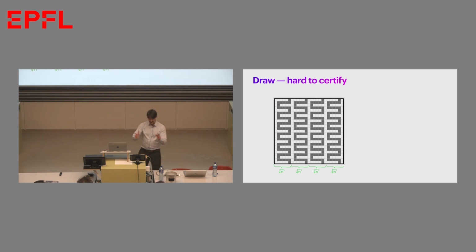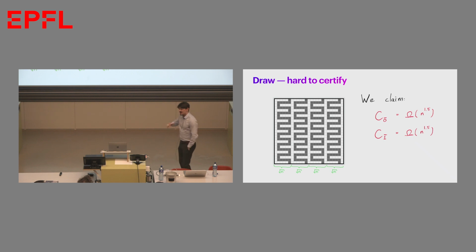Each snake takes up some root n columns. And I claim this is a hard input. Not necessarily n squared as I had before, but now both of these certificate complexities are at least superlinear. Ideally, maybe I would like n squared, but this is the best I can construct and prove.